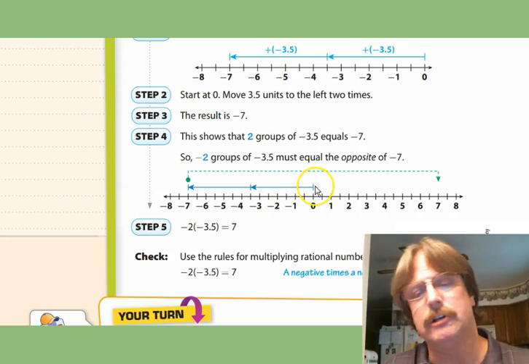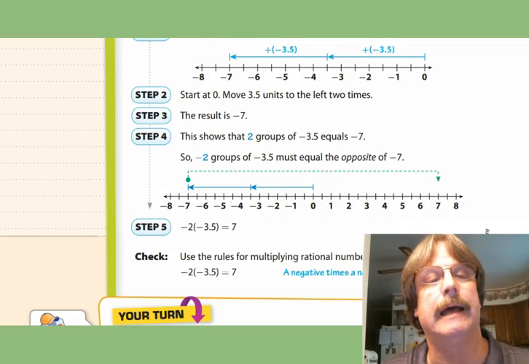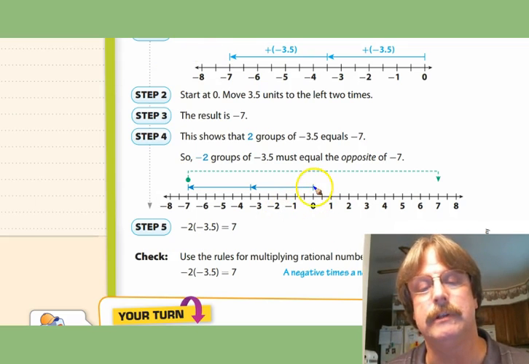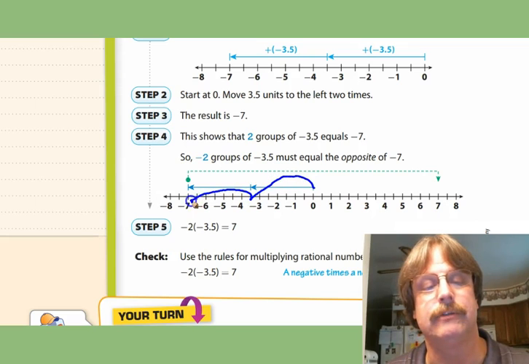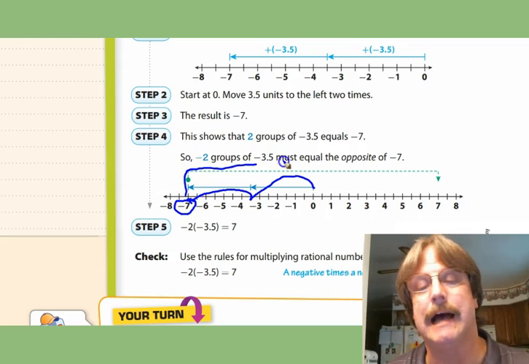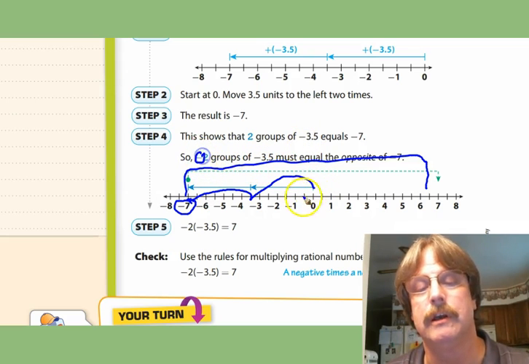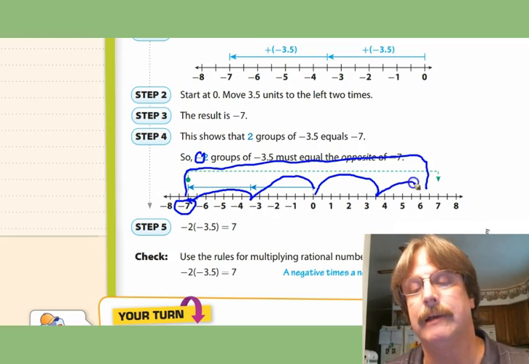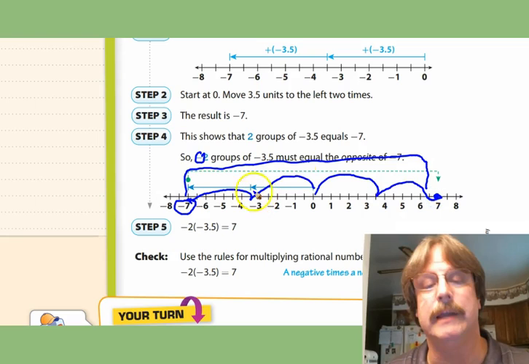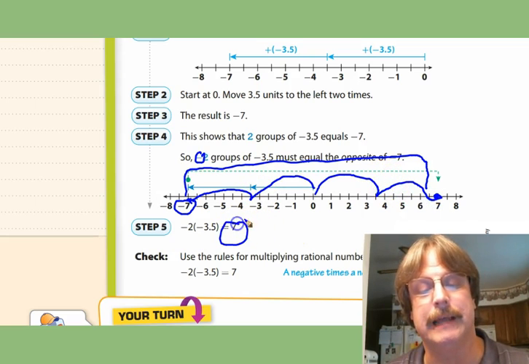Show you just a little bit different here in that they have you doing the 3.5 and then the 3.5, and then where you ended up here, and then they say take the opposite and go all the way here, where I've been showing you that since it's a negative 3.5 and then you do this, you would go 3.5 and then 3.5 to get the 7 there. So either way works. The answer is going to be 7.